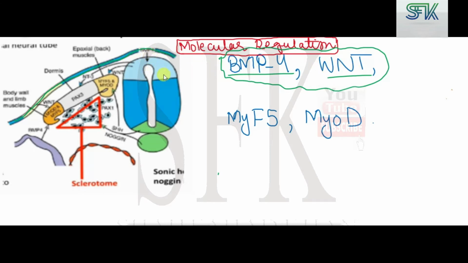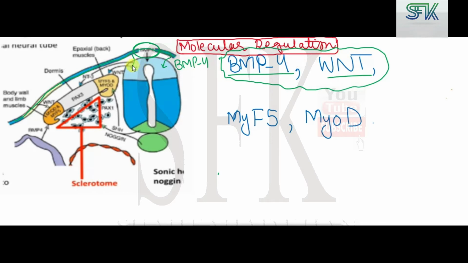On top of the neural tube, this entire thing is the neural tube. It secretes the BMP4. The bone morphogenetic protein 4 is secreted on the roof of the neural tube. Once it is secreted, the roof of the neural tube, shaded in this light blue color, secretes this WNT protein.